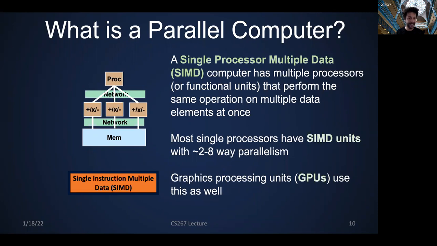You can see why it's called that, because all these little cores do the same exact instruction on wide data. And that wide data allows us to exploit so-called data parallelism. This actually exists in almost every computer, including your laptop. They have these so-called AVX vector instructions, but graphics processing units use this to an extreme, and a lot of what GPUs do is SIMD.